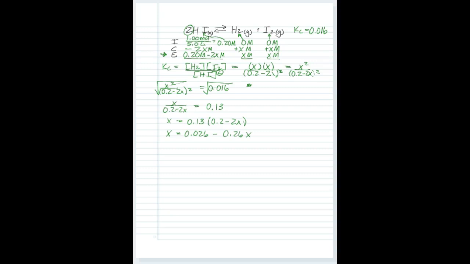And I want to consolidate my X expressions and get those on the same side of the equation. So I'm going to say X plus 0.26X equals 0.026. This is all algebra from now on. Okay, and so now I can factor X out and say that's 1 plus 0.26 equals 0.026, getting closer.